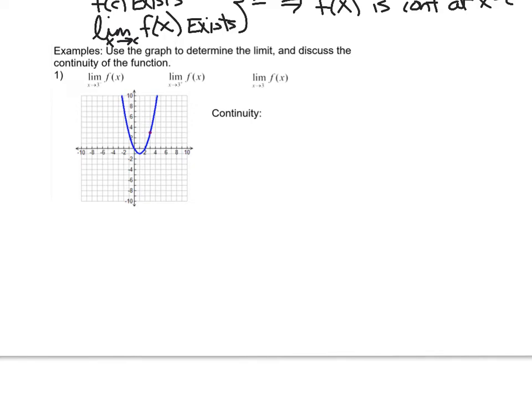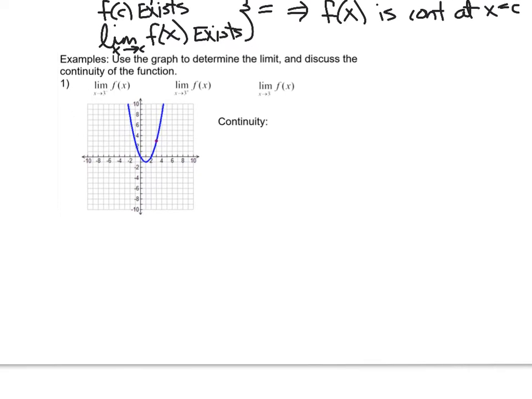So if I can find the limit as x approaches 3 from the left side, if I look carefully at this graph, I see that the limit as x approaches 3 from the left side happens to be a function value of 3.